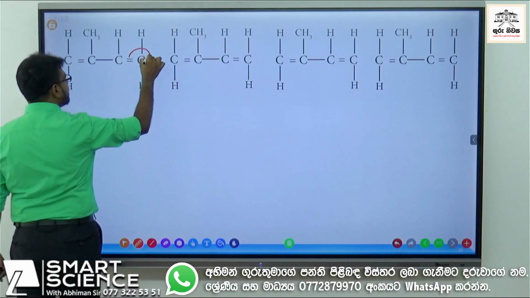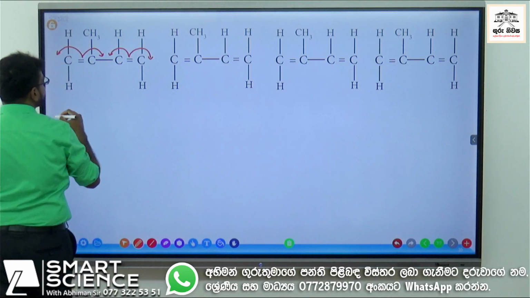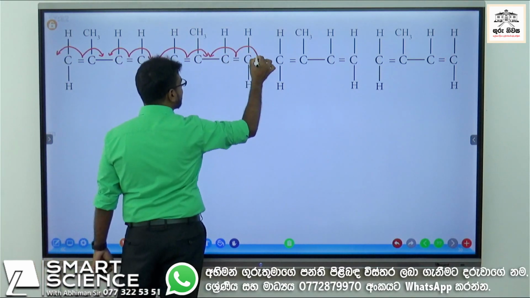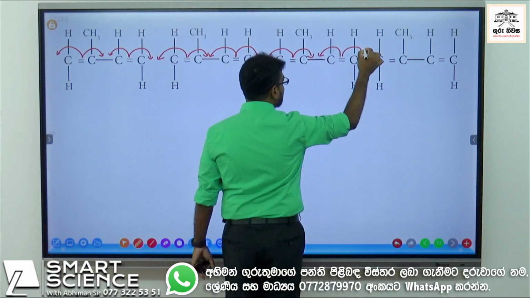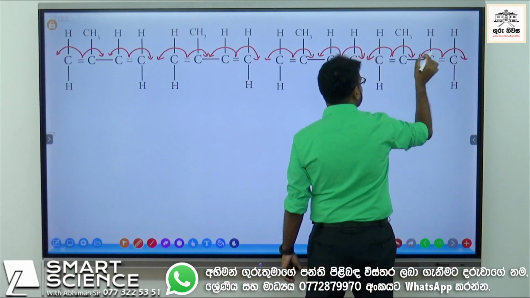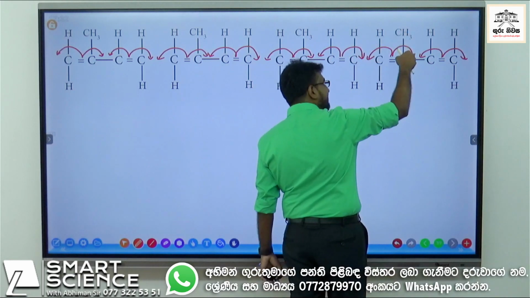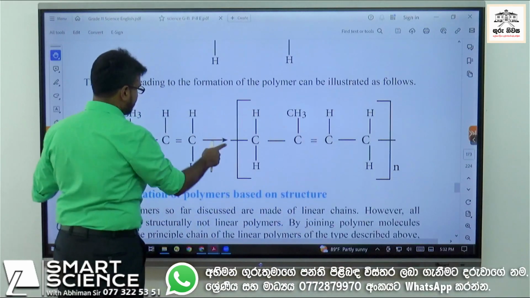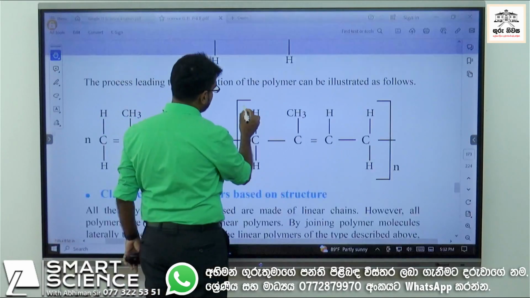Half goes into here, half into here. The double bond is breaking into two electrons in two opposite directions. This double bond has two electrons, one is thrown here and the other is thrown here. Then look at how it forms again. It forms like this, creating a structure like this.